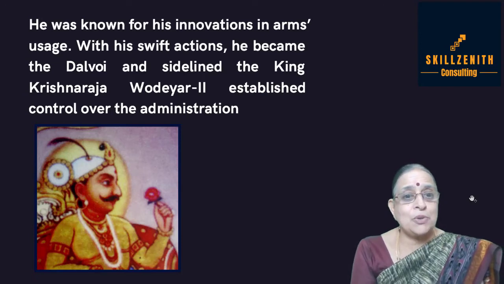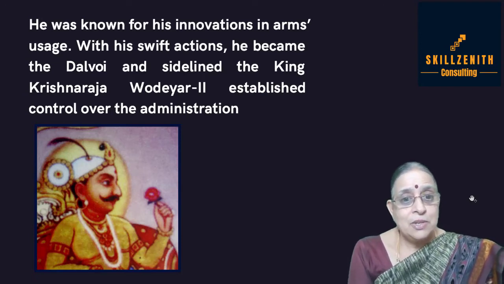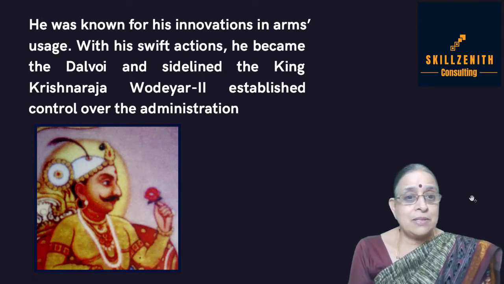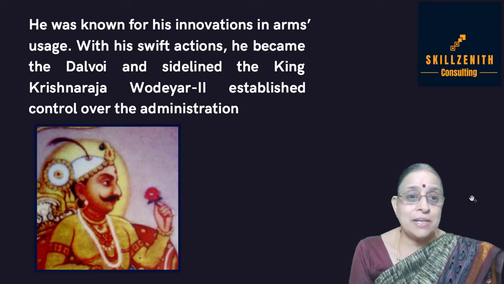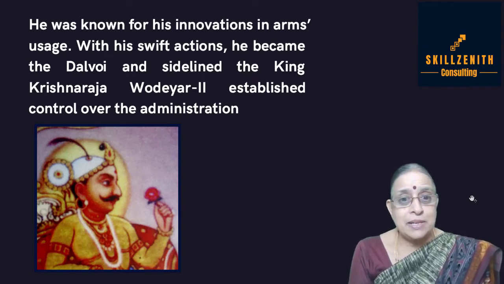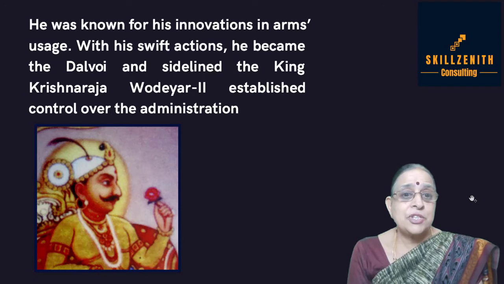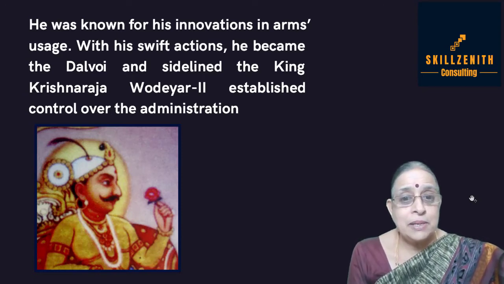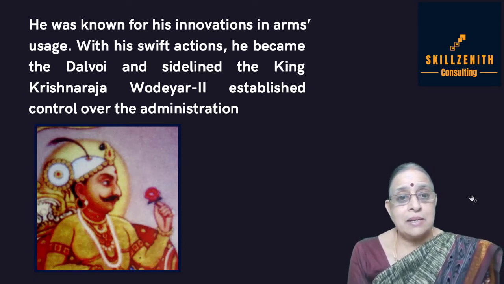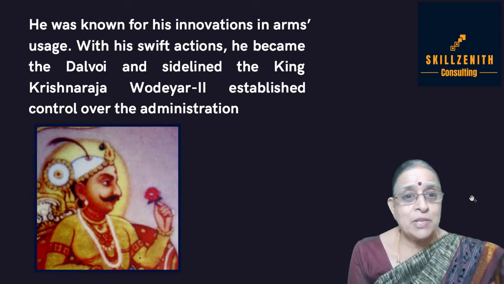He established control over the administration. So he was a soldier, he was promoted as a Dadavai. He became very powerful that he neglected the Krishnaraja Vadaya. He only began to control the administration of the Mysuru region.